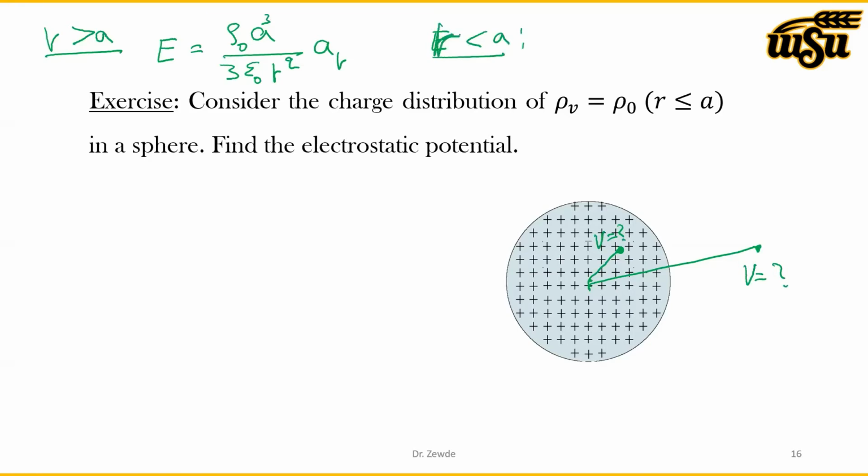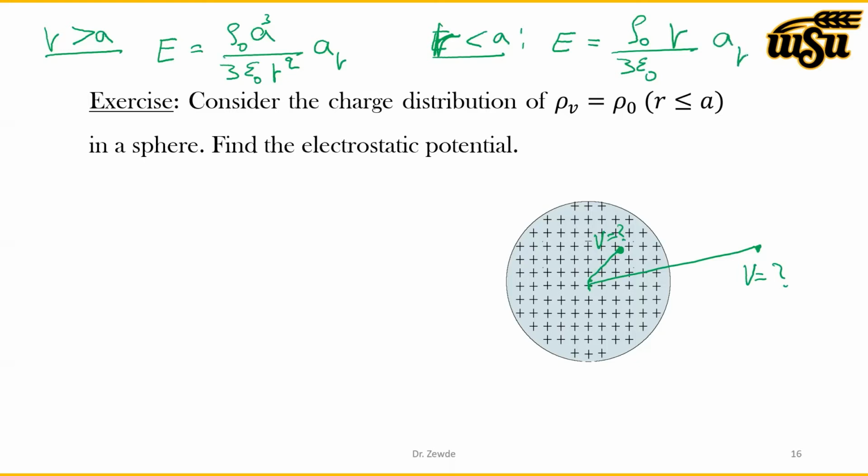If R is less than A, or if we're inside the sphere, then the electric field vector E is given as rho naught over 3 epsilon naught times R, pointing along the a_R direction.